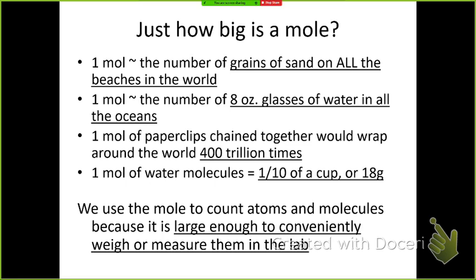And so we have to think in terms of groups of molecules and atoms in the lab. And so that's where the mole comes in, because the mole tells us how many. We have a number attached to the mole to tell us how many, but as we're going to find out, we also have mass attached to the mole of different elements. So we're going to use this to help us to count in the lab.